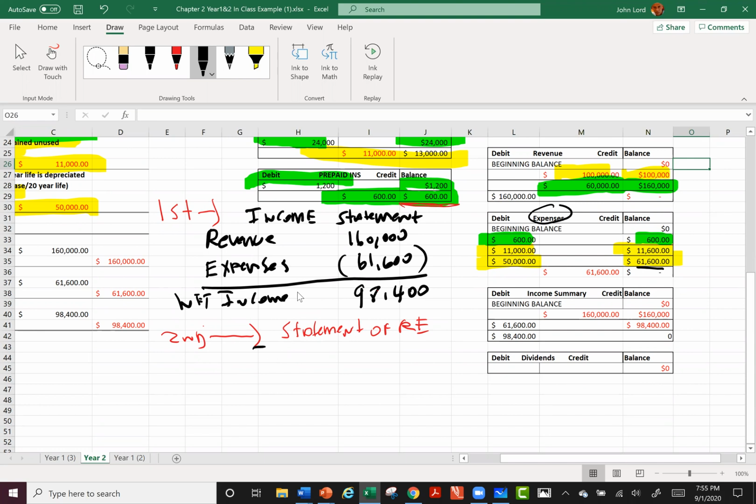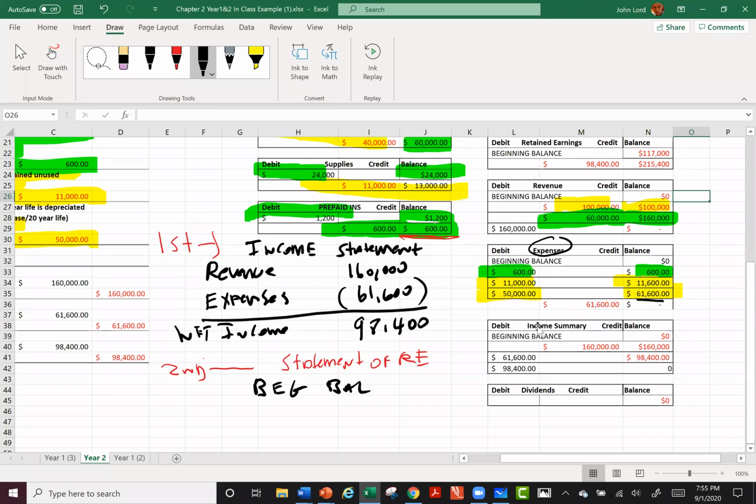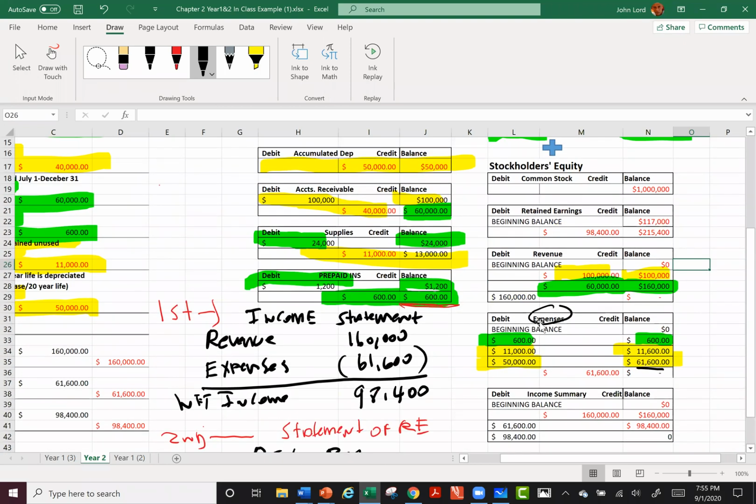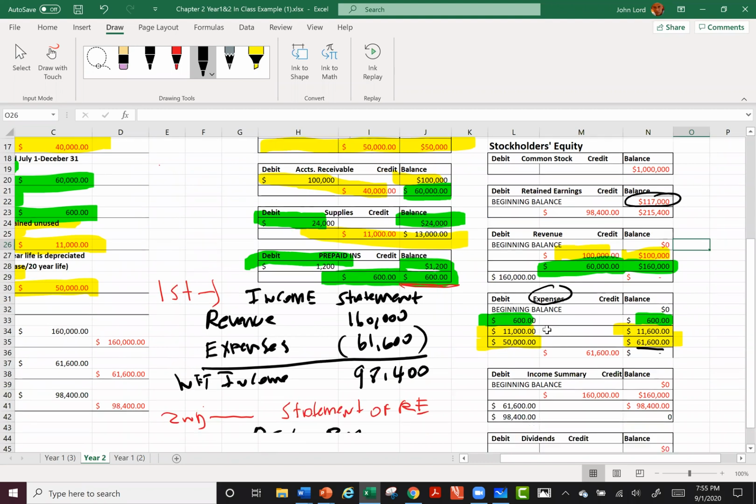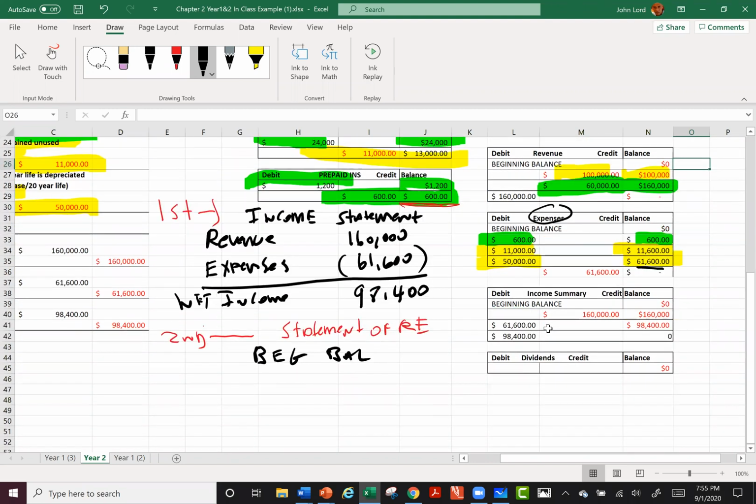I write that over a little bit, sorry. We're going to have a beginning balance. What am I doing? Okay, how much is the beginning balance? 117,000. Good, just look at your beginning balance right here. That's what these ledgers are here for, to help us prepare the financial statements, right? So I've got a beginning balance of 117.